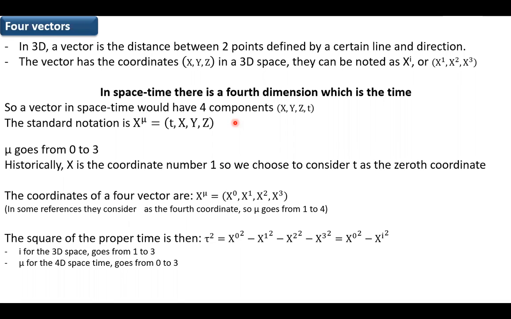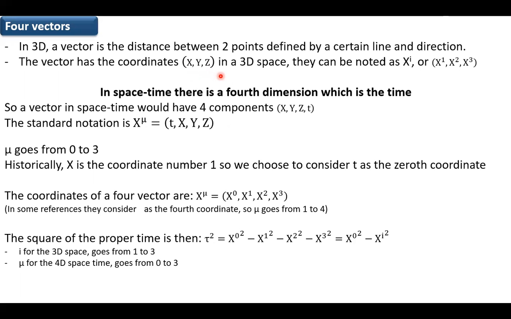So you say that you go from point A to point B, or from point B to point A, which is a straight line between the 2 points defined by a certain direction. And you give to this 3D vector 3 coordinates according to the 3 axes of coordinates, x, y, and z. So you have 3 components or 3 coordinates of the vector. This is in a 3D space, in a Euclidean space.